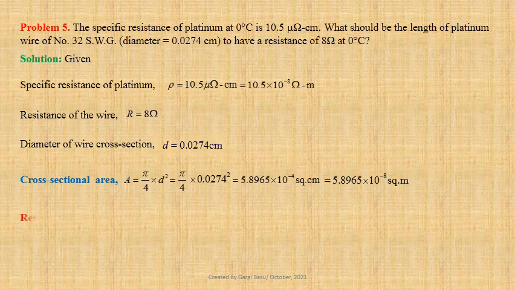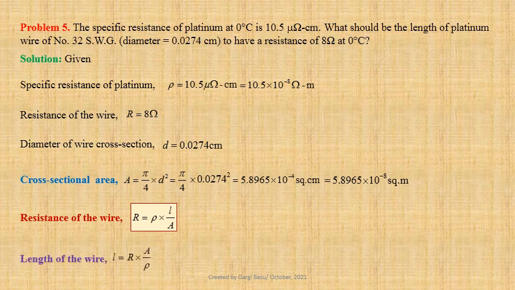Expression for resistance of the wire R equals rho into L by A. Therefore, length of the wire L equals R into A by rho.